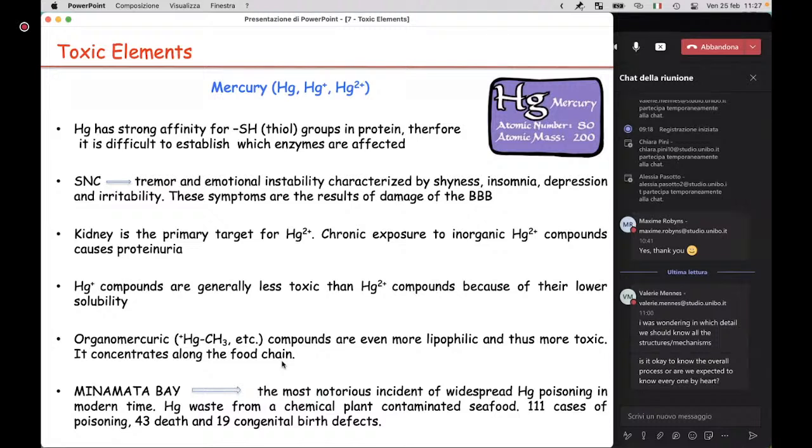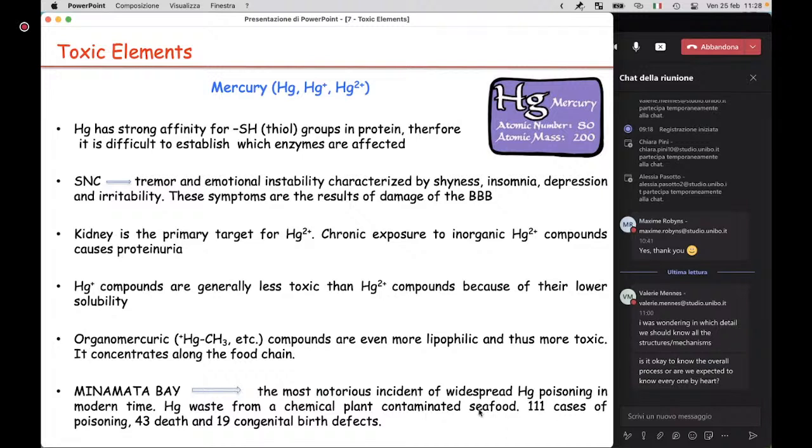And in fact, the most important, well-known incident of mercury poisoning happened in Minamata Bay in Japan, when mercury from a chemical plant near this bay contaminated the water, and so the seafood.